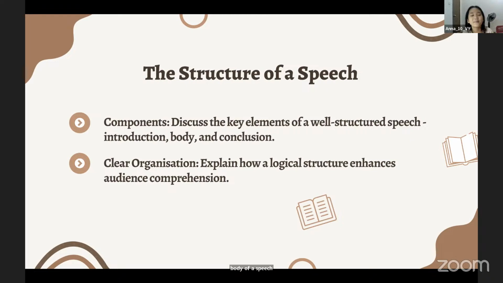Yeah, the body is so important in a speech. If we lack the body, our presentation will not be meaningful anymore, and the audience won't know the main idea of what we are going to talk about.